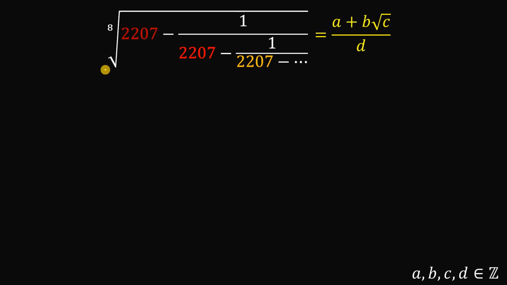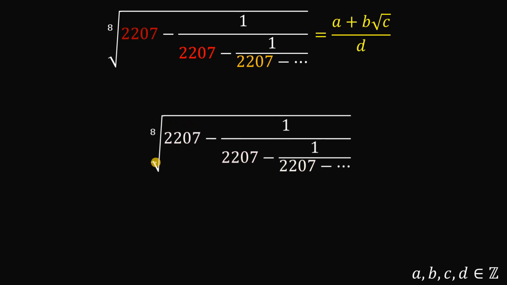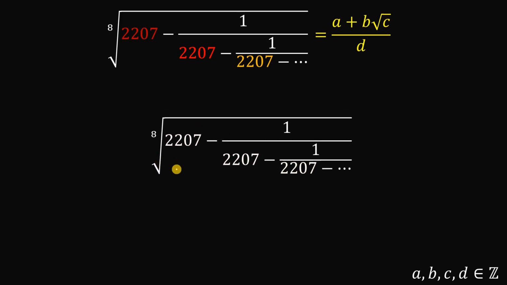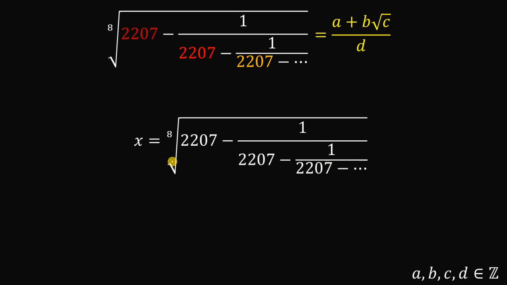Now, of course, we suppose that this expression is a real number, and what we're going to do is let this be equal to a variable, and let's call this x. Now, what do we know about x? Since this number is inside the 8th root, we suppose that it is greater than 0.